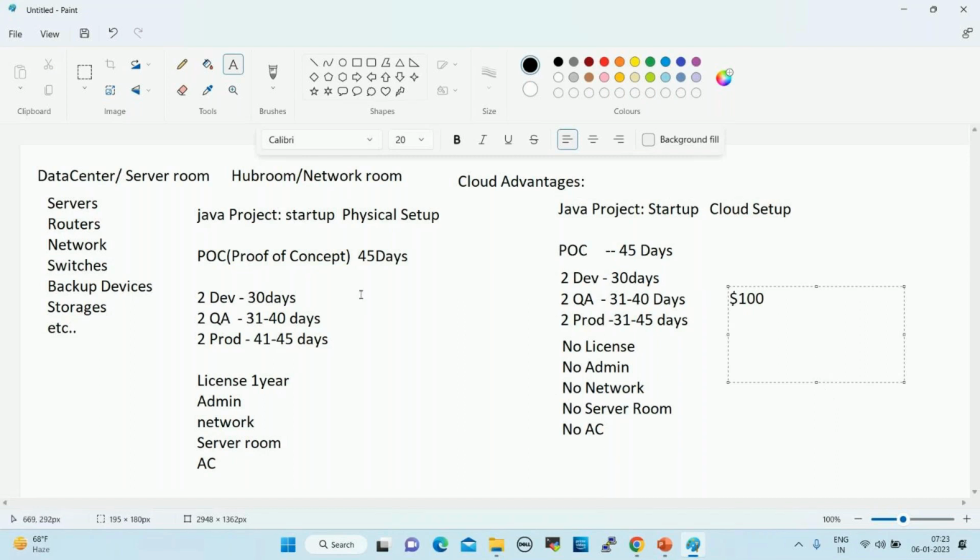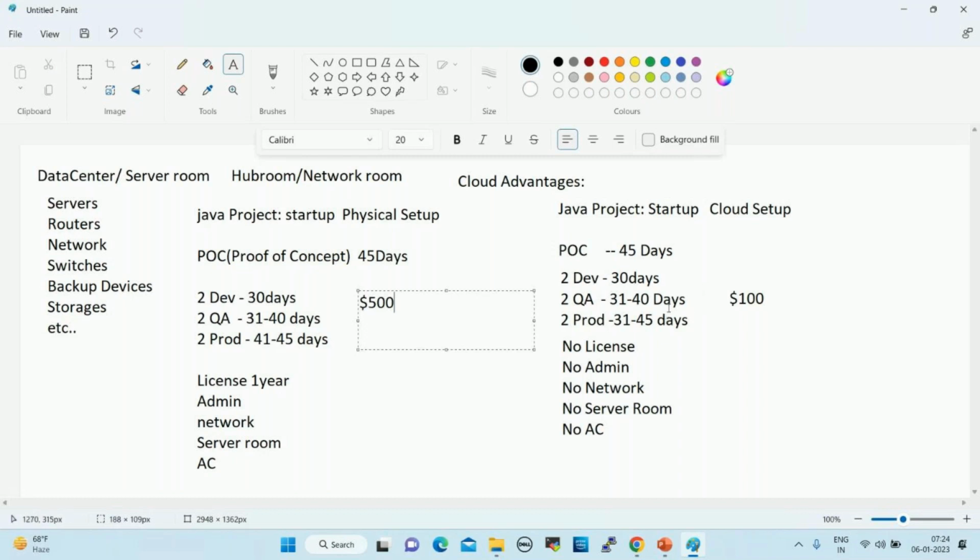But in physical environment, $500 will be wasted. Because one physical server costs minimum $5,000, but cloud environment is very cheap, right? Compared with physical environment, this is very low cost.